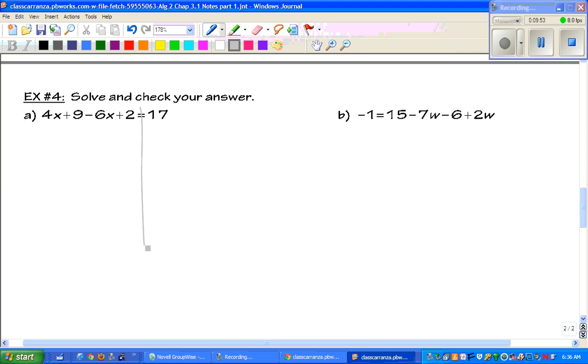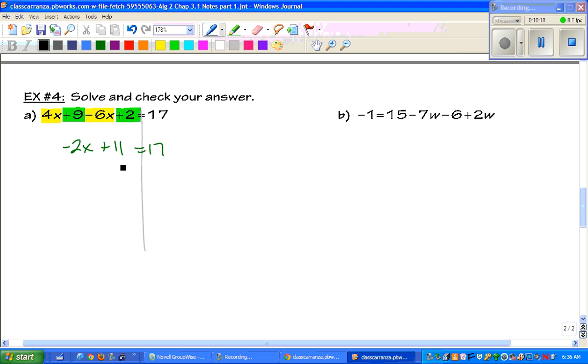I'm going to draw the line down the middle. Now what we're going to need to do here is start to combine like terms. So things that are the same, we're going to combine. So 4x minus 6x gives us negative 2x. 9 plus 2 gives us 11.